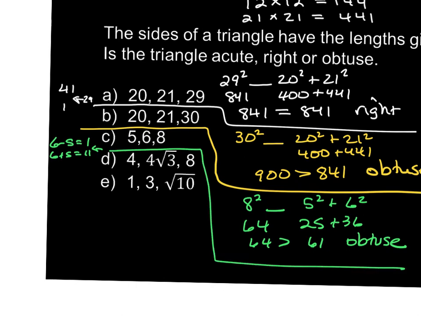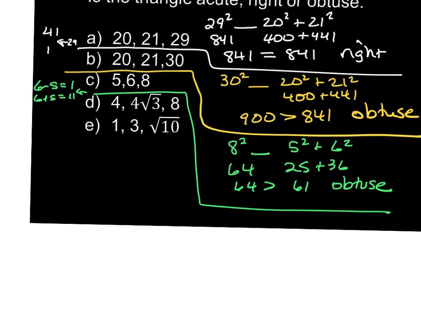Let's try the next one. So again, the easiest way to deal with these radicals, so this is part D, 4 radical 3, and 8. Now, in this one, they've already been put in order for us from least to greatest. But what if I didn't know how big 4 square root 3 was?